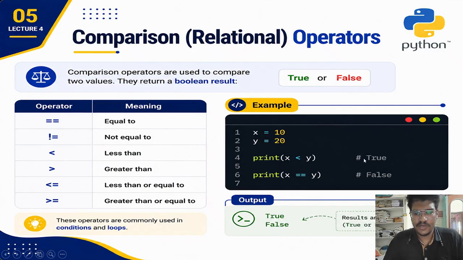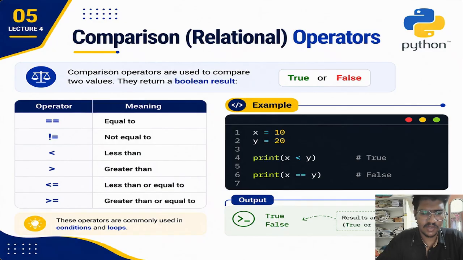If we print x is less than y, it will return true. And if we print x is equal to y, it will return false. Notice all these return true or false. We can use this result directly in conditions.